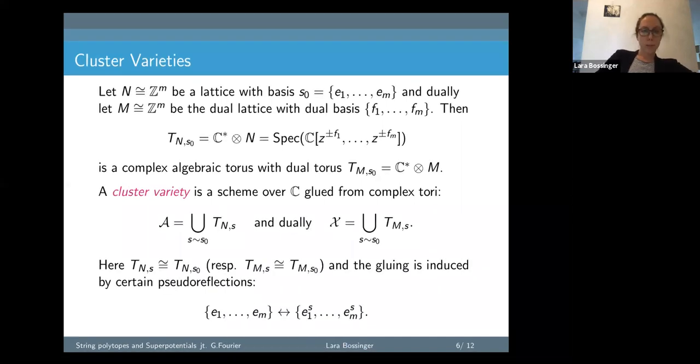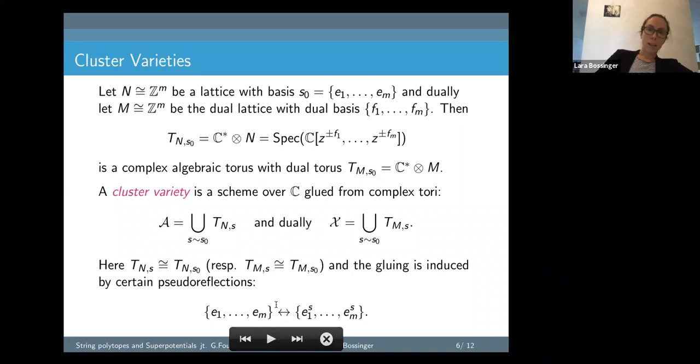As I already mentioned, all the copies of the tori are isomorphic, but I glue them together in a kind of weird way. The idea of this gluing is that I take my basis e_0, and then from this additional data that I fix before I can define a cluster variety, I learn how to construct a new basis of the lattice from the given one by applying certain pseudo-reflections.